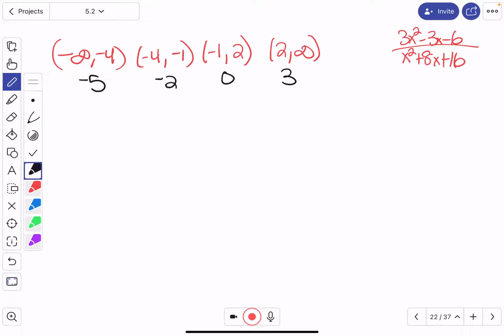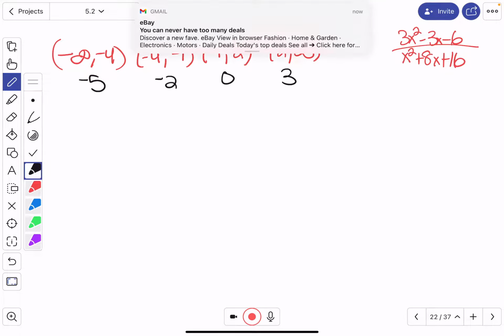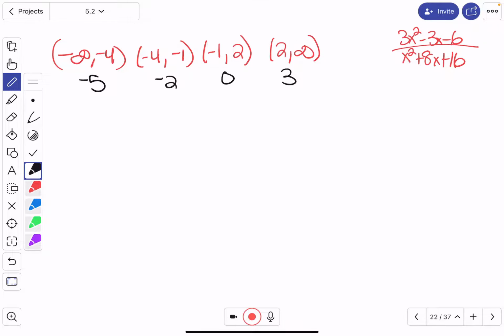So if I plug those in, (3x squared minus 3x minus 6) over (x squared plus 8x plus 16), -5 in for x, we get 84. So it's above the x-axis, above the horizontal asymptote.